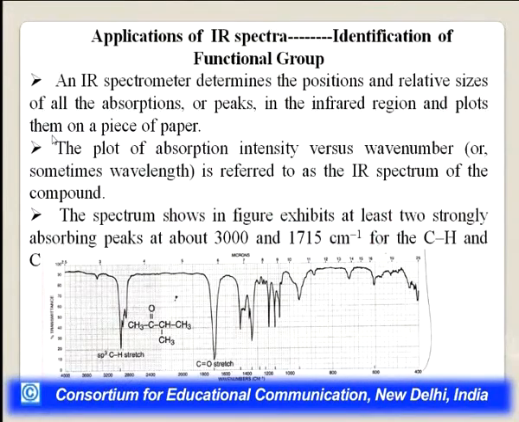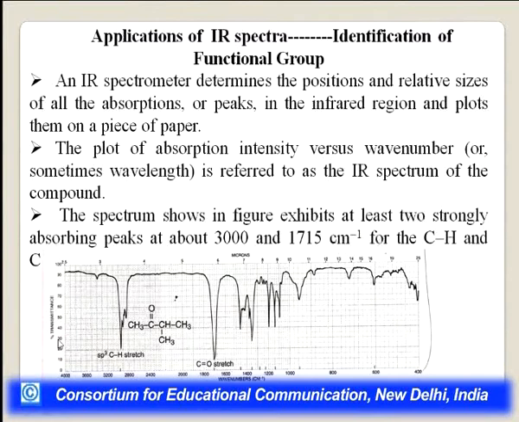An IR spectrophotometer determines the position and relative sizes of all these absorptions or peaks in the IR region and plots them on a piece of paper. You can see it is a kind of IR spectrum. You can see this is the percentage transmittance, from top to bottom, or we can say bottom to top.